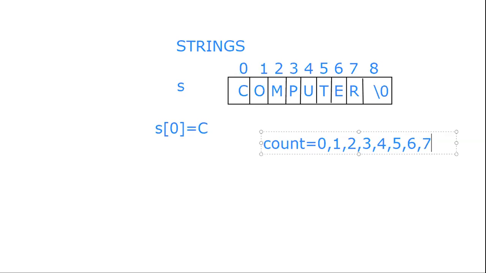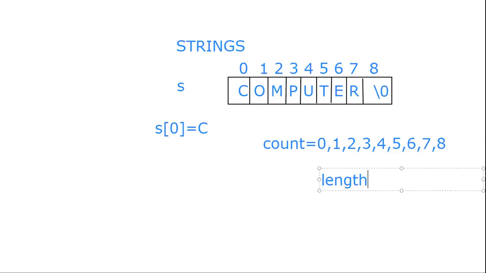So count becomes 8. Now next we have S of 8, which is null. So the condition is false and control comes out. What is the final value of count? Count is 8.